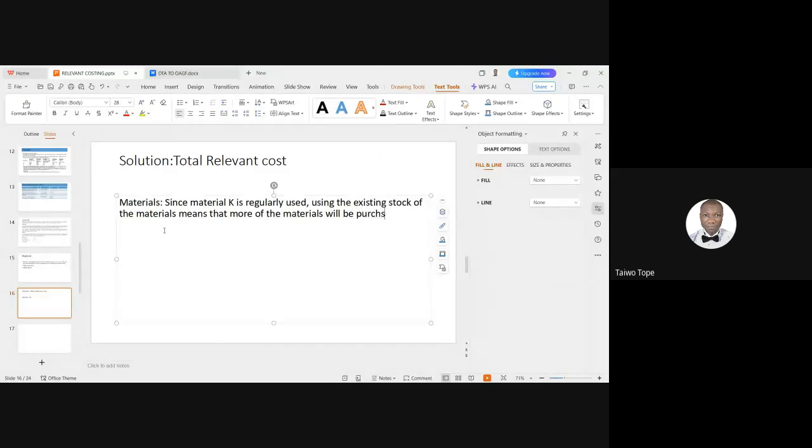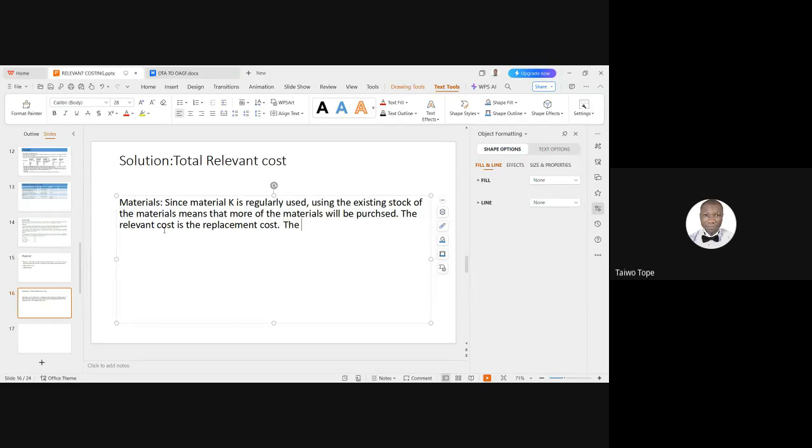More of the material will be purchased. The relevant cost is the replacement cost.